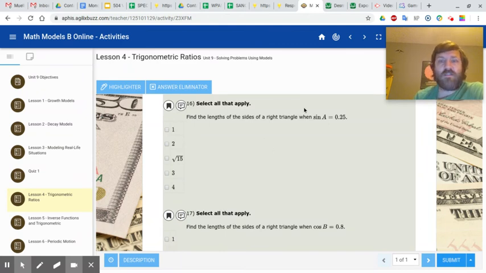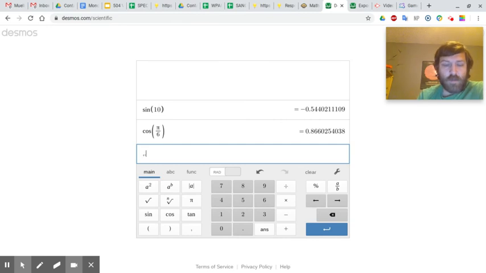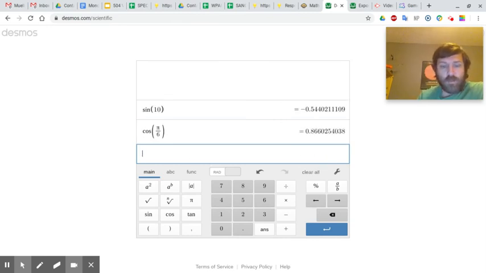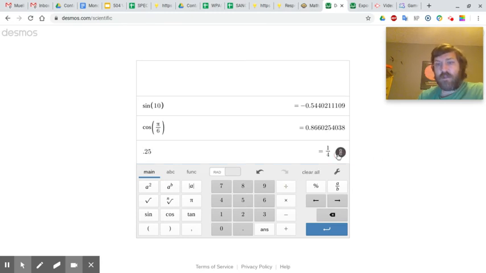Then it gets us into this issue of, now they're telling us the sine of an angle is 0.25. Find the lengths of the sides. So this one takes a little bit more work, but I want to show you basically the first step you're going to take, which is with 0.25. I'm going to type 0.25 in here, and I'm going to make it a fraction.